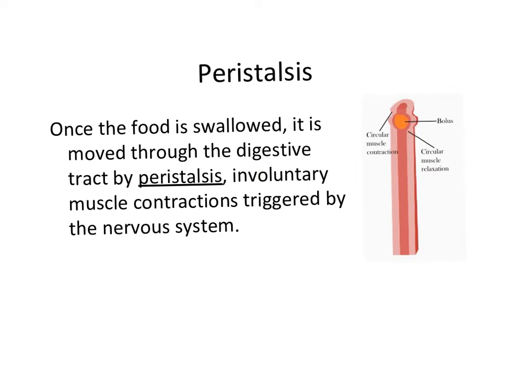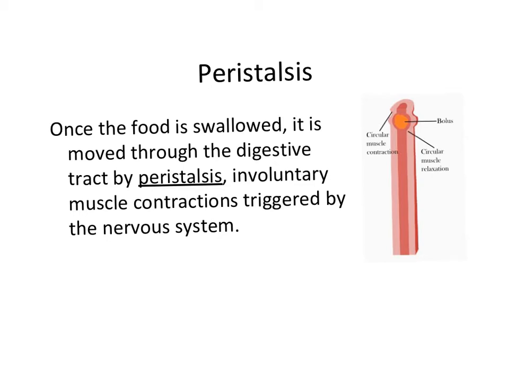What this means is that there's coordinated muscle contractions that go down the esophagus and force this bolus of food down. This peristalsis is completely involuntary, which just means your brain tells your body to do it, or your esophagus to do it, without your conscious mind ever really being aware of it happening.